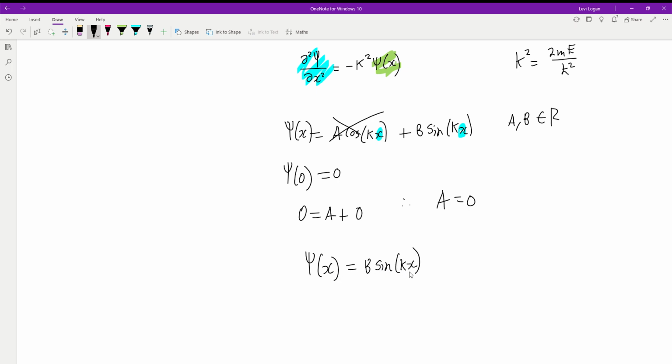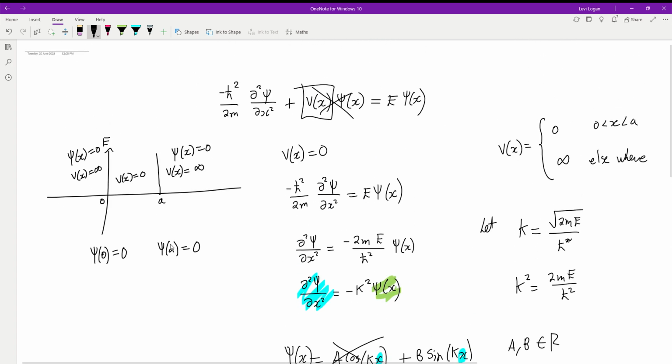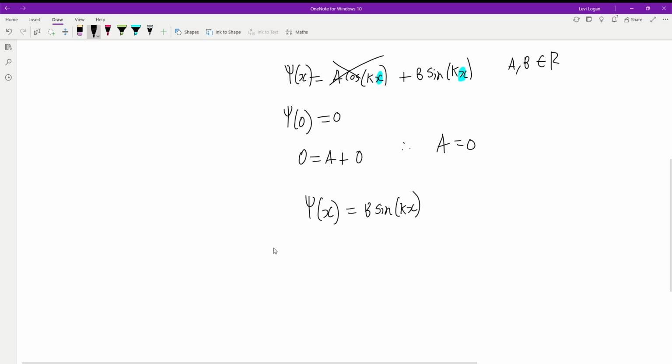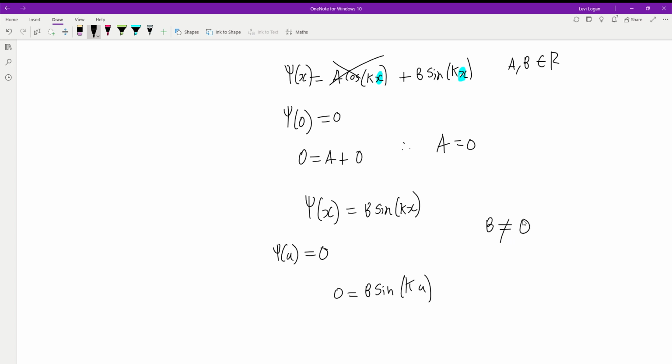Now, we've also got another initial condition. When the wave function is at a, it also has to be equal to 0. So omega of a is also equal to 0. So if we put this in, 0 equals b sine of k a. Now, b cannot be equal to 0.